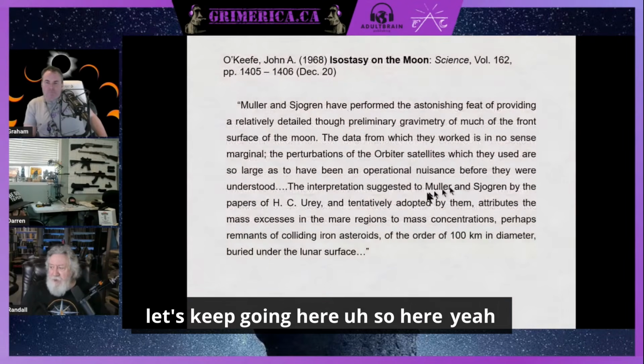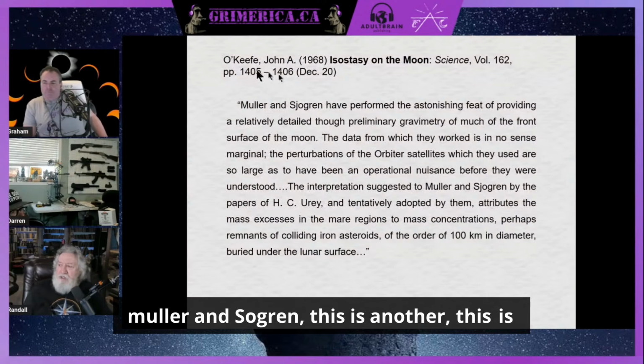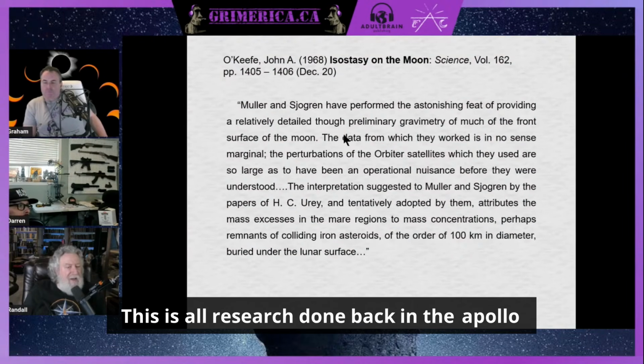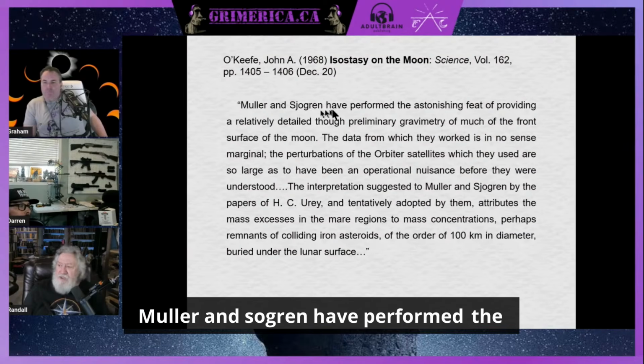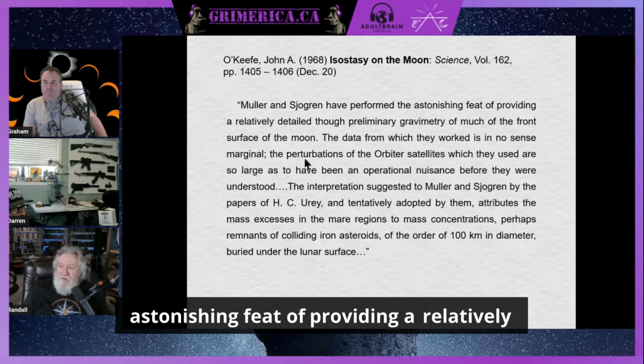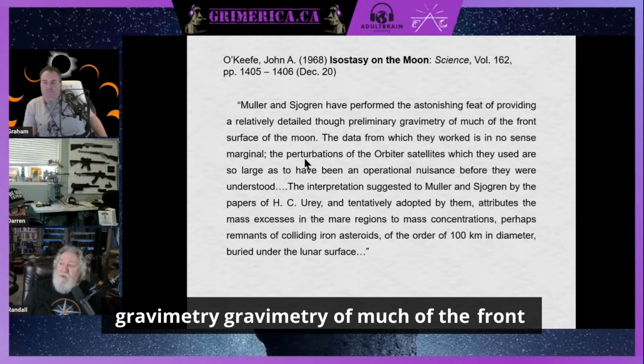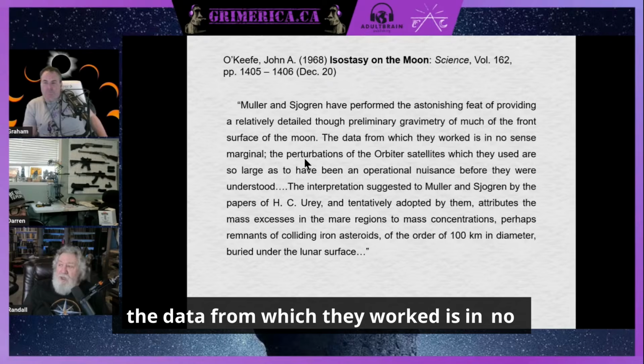Let's keep going here. So here, yeah, Muller and Sjogren. This is isostasy on the moon. This is all research done back in the Apollo days. "Muller and Sjogren have performed the astonishing feat of providing a relatively detailed, though preliminary, gravimetry of much of the front surface of the moon. The data from which they worked is in no sense marginal.